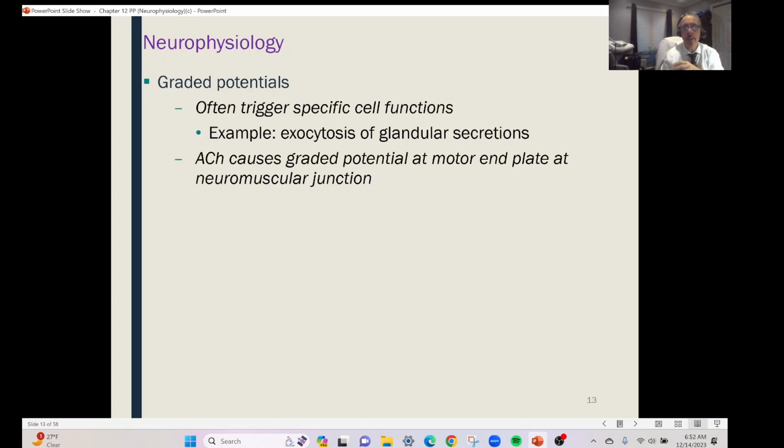We don't really even need a nerve impulse to do that. A graded potential is enough. When acetylcholine crossed the neuromuscular junction and stimulated the receptors on the motor end plate, that actually produced a graded potential. And then that graded potential will travel along the muscle fiber.